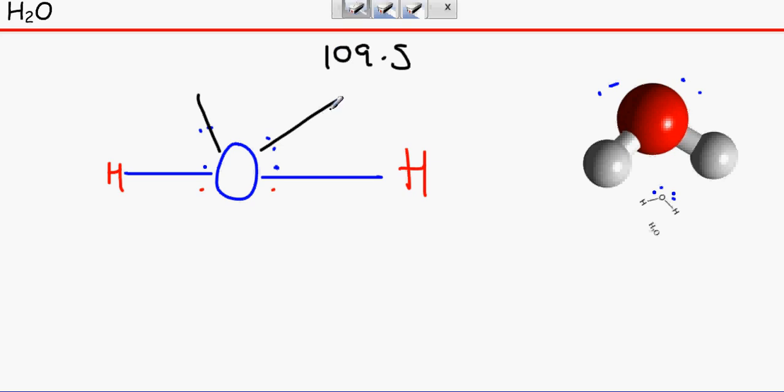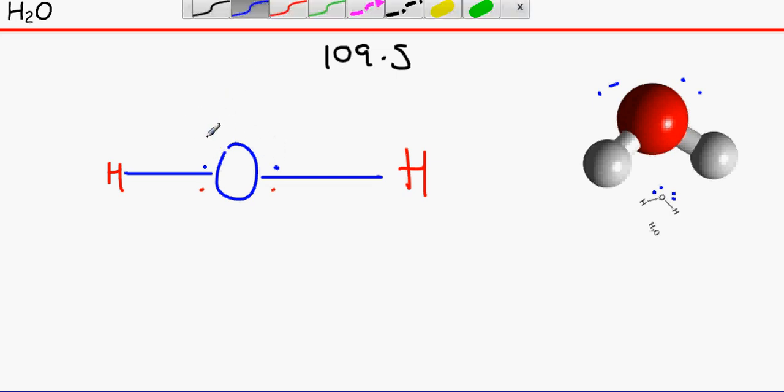But since these are lone pairs, not bonded pairs but lone pairs, they will repel by 2.5 degrees more each. And since there are 2 lone pairs, they will repel by an incredible 5 degrees.